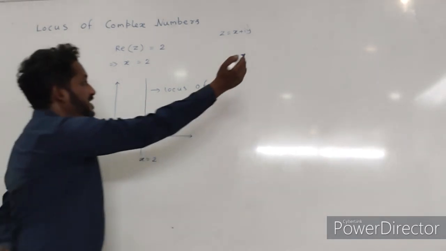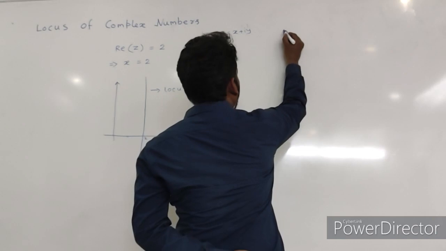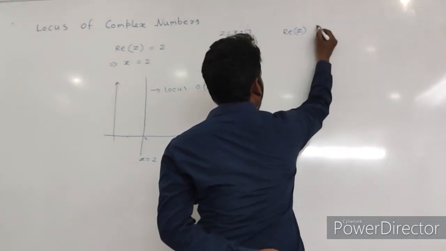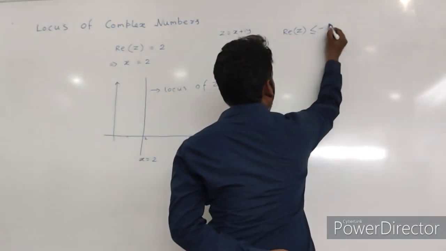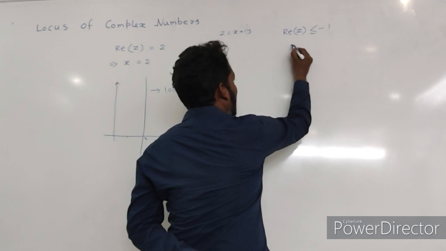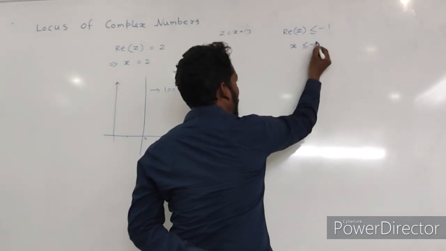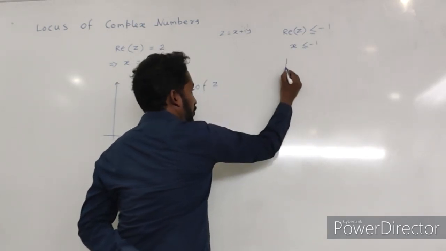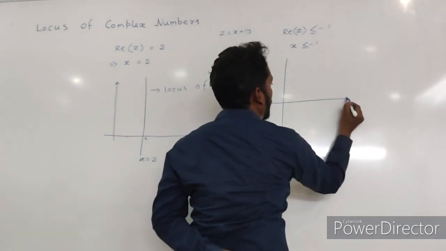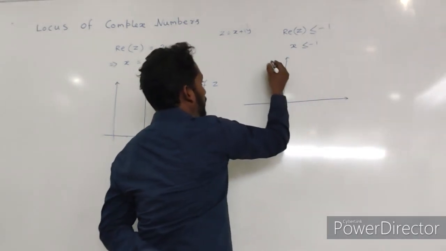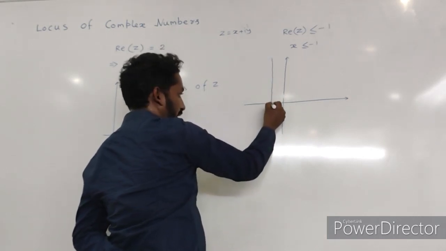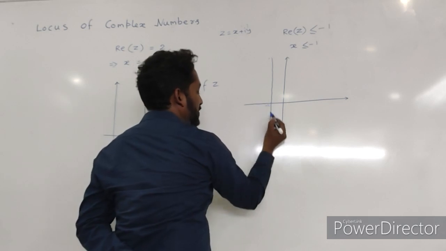So similarly, if the equation is given as real part of z is less than or equal to minus 1, that means x is less than or equal to minus 1. So to draw the graph of it, first plot x equal to minus 1, which will be again a vertical line passing through x equal to minus 1.